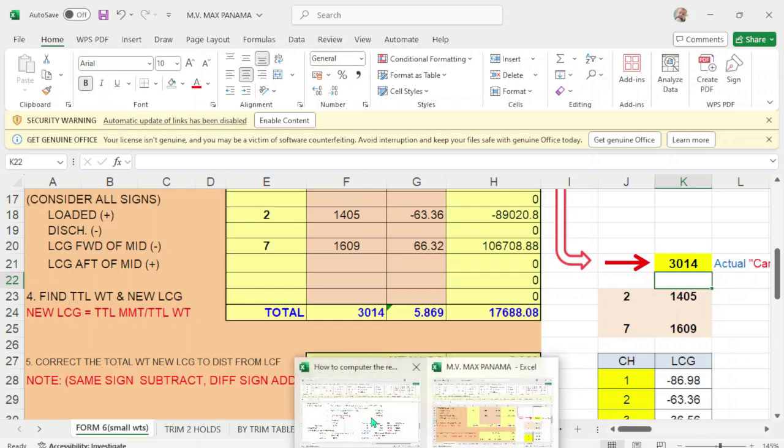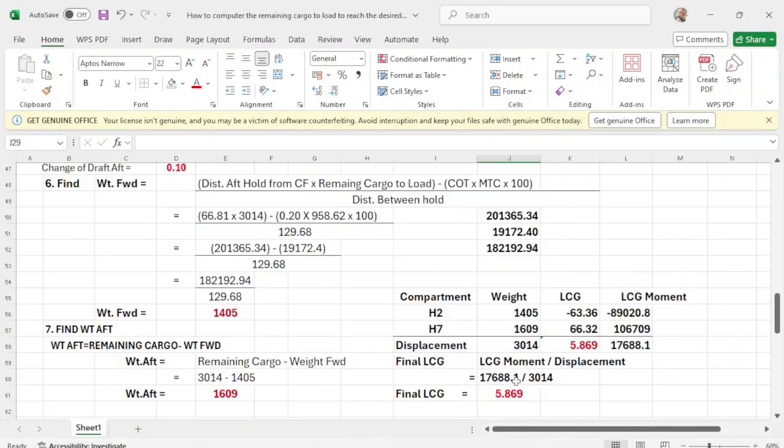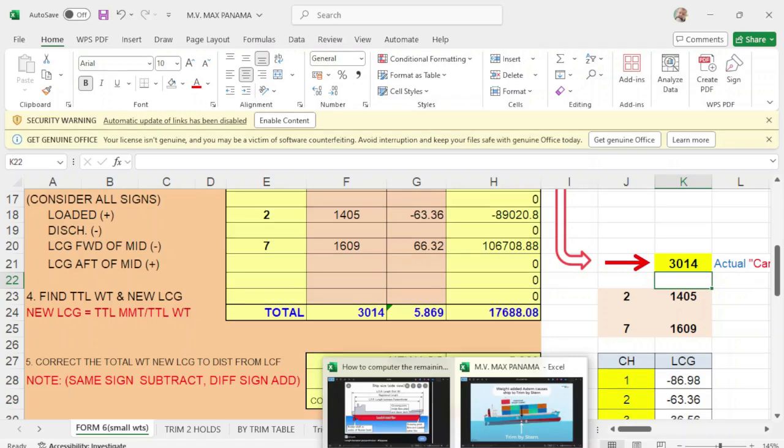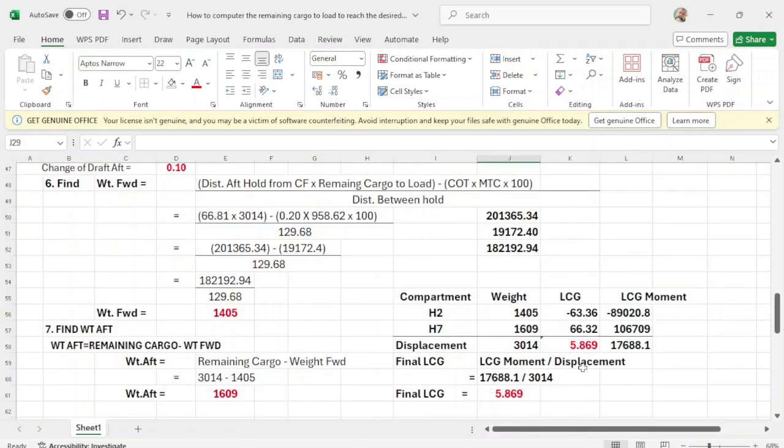Okay, this is now the compartment. In hold number 2, you put 1405, and number 7 is 1609. The LCG of number 2 is negative 63.36, and number 7 is 6632.